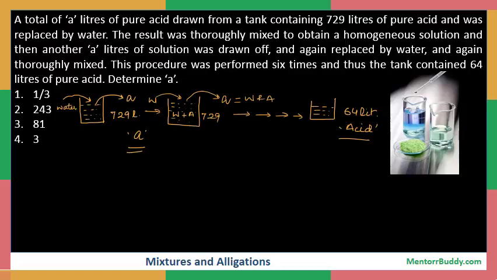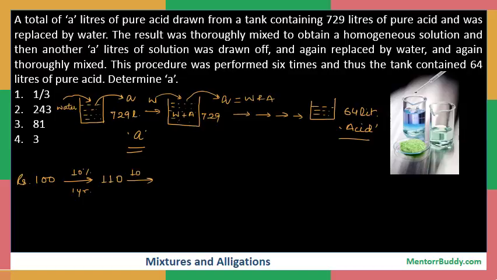So to understand this question, let me explain one more simple analogy. For example, I have 100 rupees with me and I deposit it in a bank from where I am getting 10% interest. Therefore, at the end of the first year, this value becomes 110 rupees: 10 rupees of interest plus 100 rupees of the initial amount.